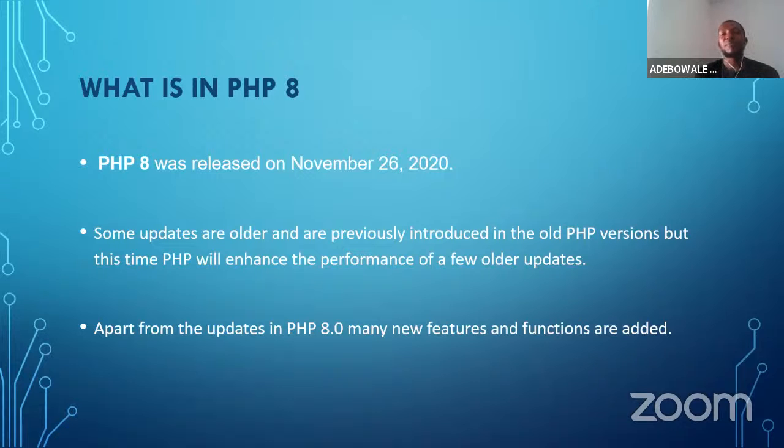That means moving from PHP 7 to PHP 8, there's going to be breakage in your code when you continue doing things the way you are doing in PHP 7. Not all, but there are some things that are accepted in PHP 7 and are no more accepted in PHP 8. So you have to take notes here.